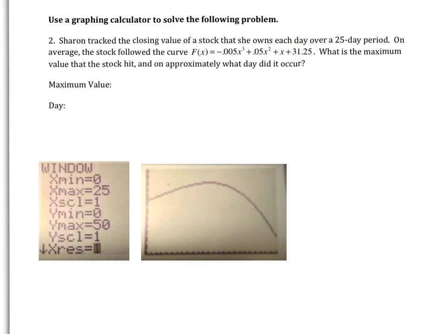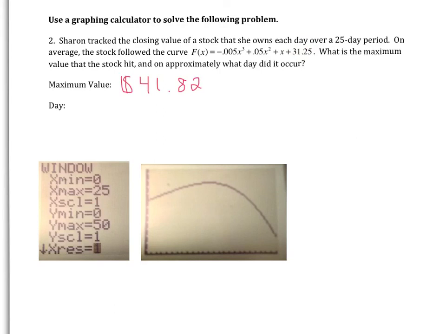So you might kind of need to make a big range to make sure you get the maximum in there. And it looks like the most that our stock is going to hit is about $41.82. So if you put 82 cents or 81 cents, that's fine.